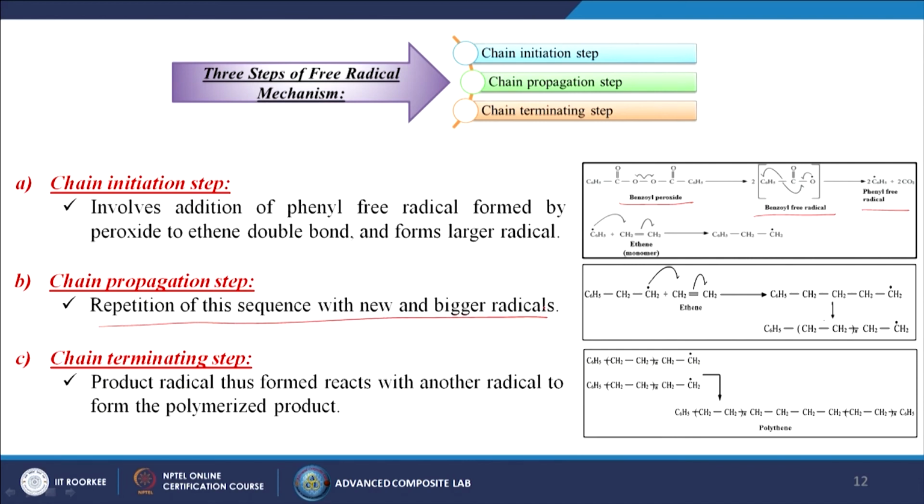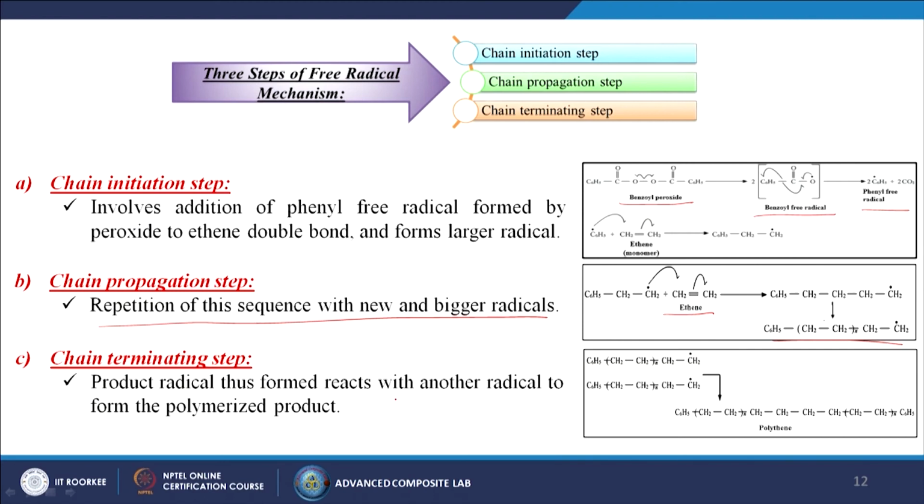So, what is that? Repetition of this sequence with new and bigger radicals. Like ethene, the repeating unit, then again we increase the same repeating unit, and the last one is called the chain terminating step, meaning after a certain time, after a certain reaction, we terminate the whole process. The product radicals thus formed react with another radical to form the polymerized product. So, ultimately we are making polythene.